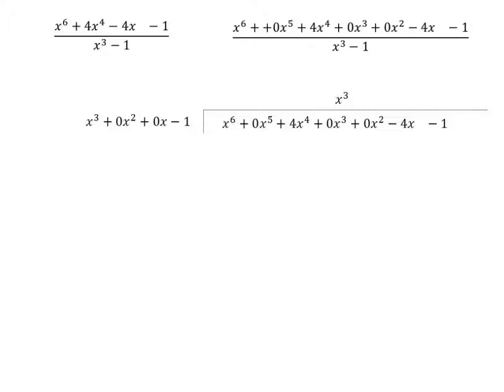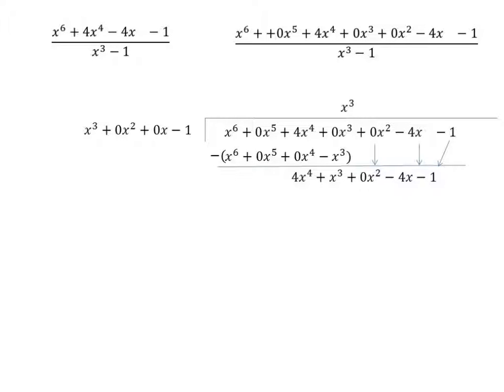So now we see that the answer to the division of x to the sixth and x to the third is x to the third, which I've actually placed on top of the bar right above the x to the third terms. Alright? In this next slide now you can see that I have multiplied the answer that we got from the division by the divisor.